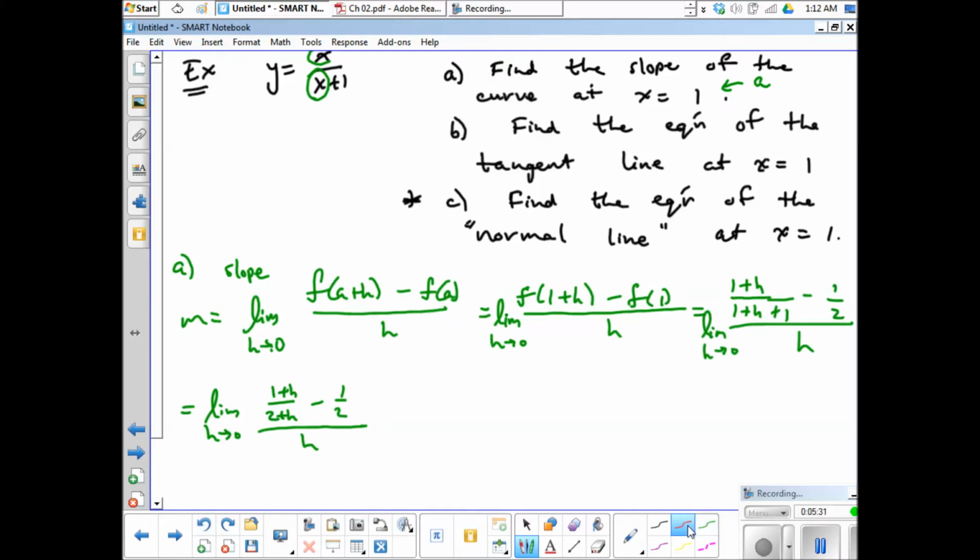Okay, so I want to multiply this top and bottom by 2. And I want to multiply this top and bottom by 2 plus h. Okay, this is 2 plus h minus 2 minus h.